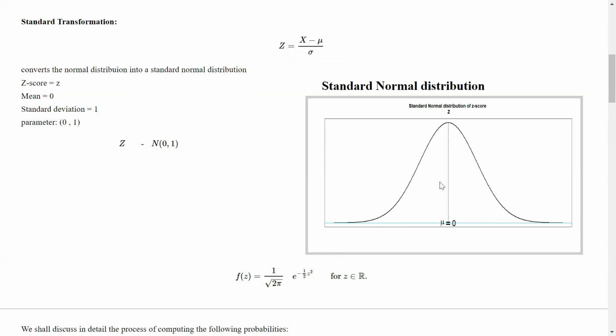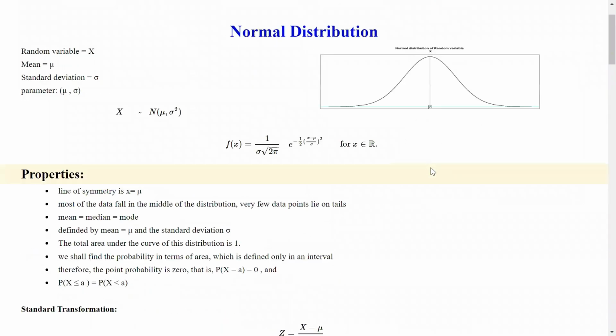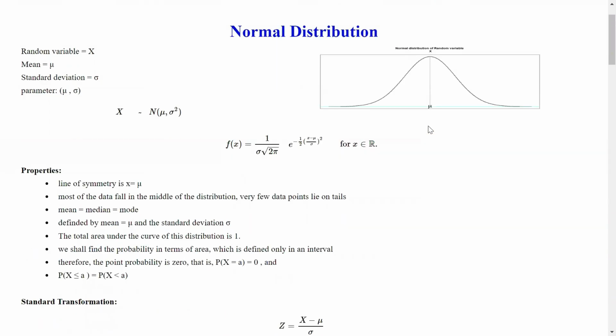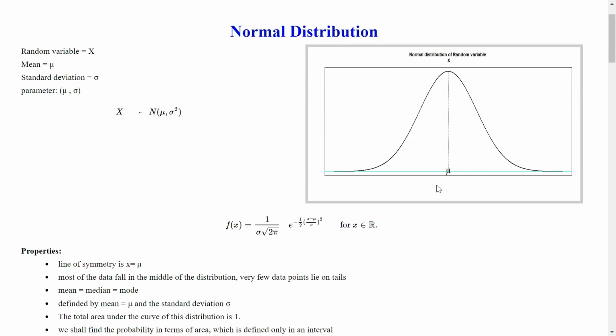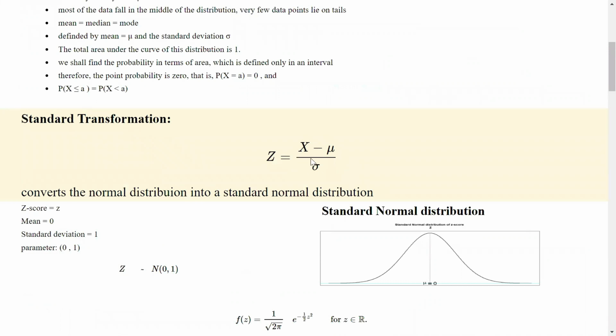The table is available for computing the probability for this standard normal distribution. Next, let's start computing the probabilities for standard normal distribution or Z distribution using Z table and then other utilities. Other general distributions with mean mu and standard deviation sigma also can be converted to Z distribution by using this standard transformation, and then we can use Z table for computing probabilities.